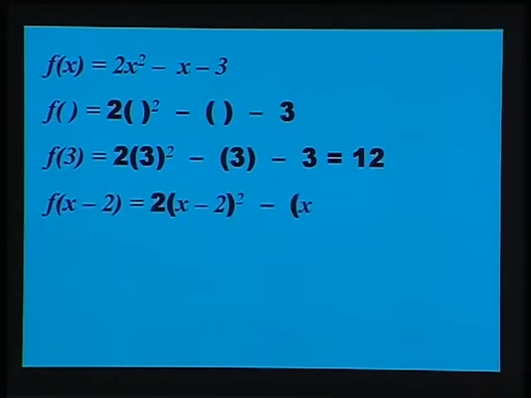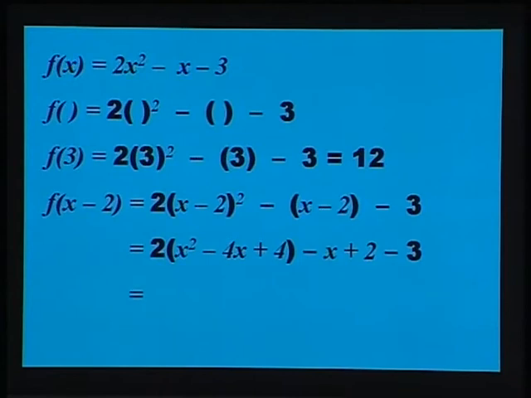So f of 3 is 2 times 3 squared minus 3 minus 3, which is 12. f of x minus 2 is 2 times (x minus 2) squared minus (x minus 2) minus 3, which we simplify to obtain the result.